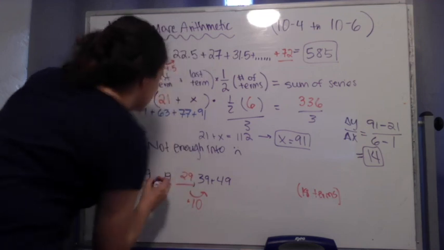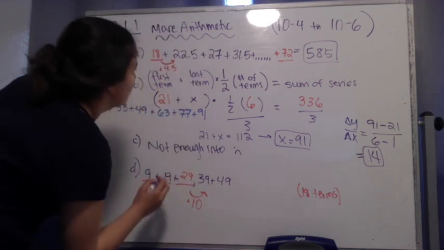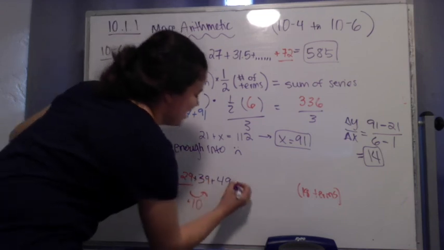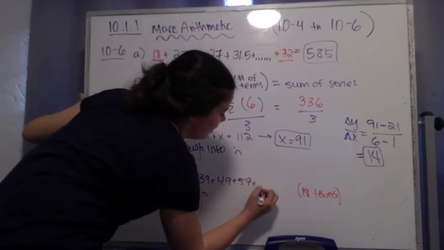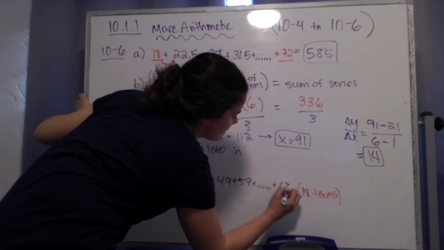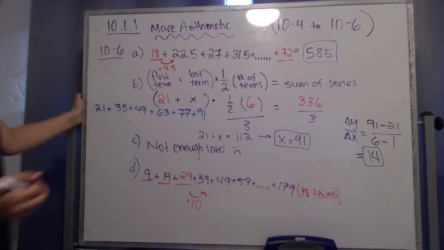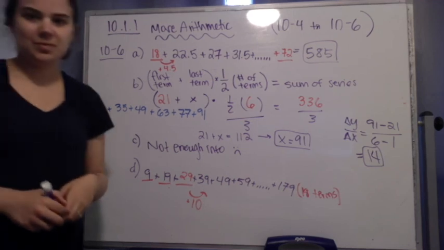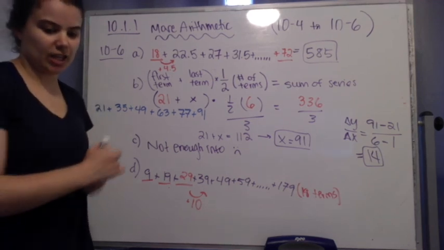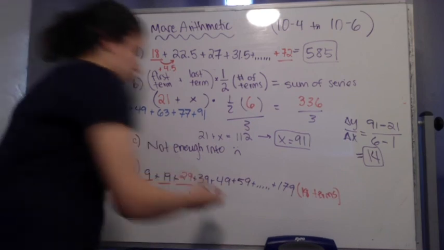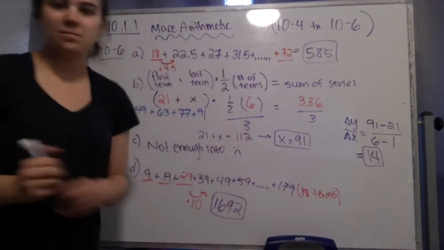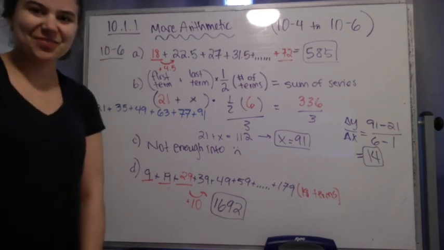Sorry, we want to write this as a series, not a sequence, so let's add them. No commas. Plus 59 all the way, you're going to end up plus 179 to get 18 terms, and that would be your series. You should get a sum of 1,692. And that's all. Have a great rest of your day.